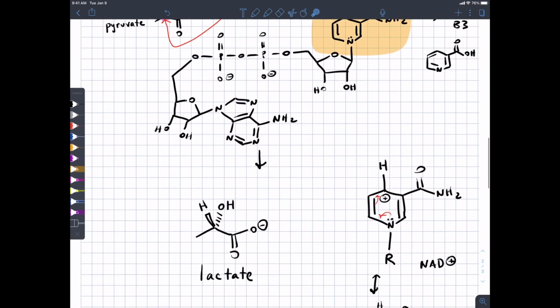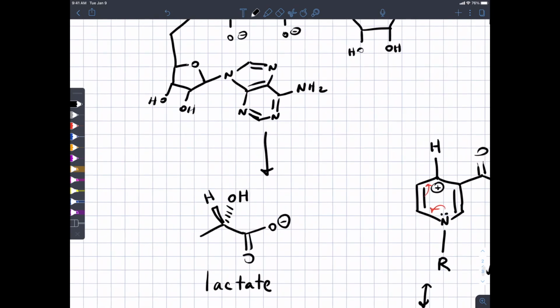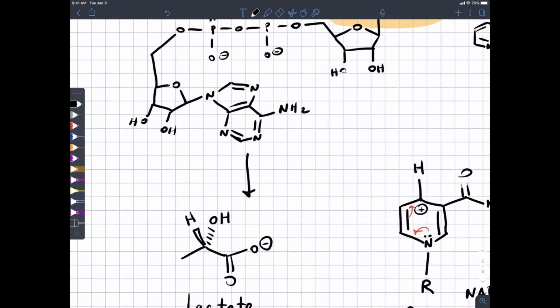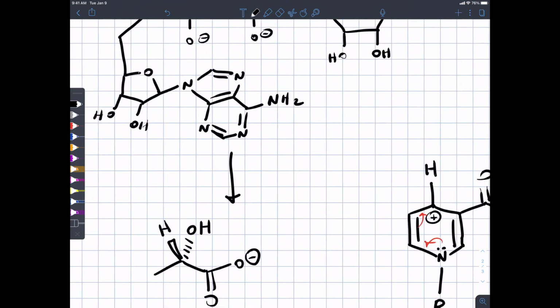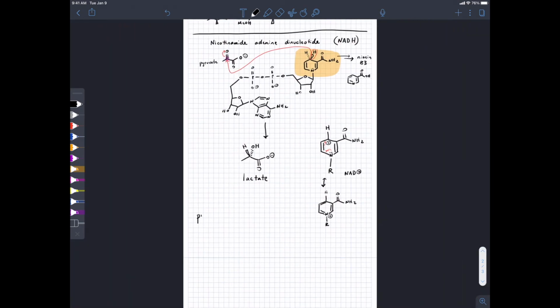Just a little bit of background as to some things you will see later on in biochemistry. Biochemists will sometimes draw this reaction as follows. They'll draw pyruvate, and then they will show that going to lactate.